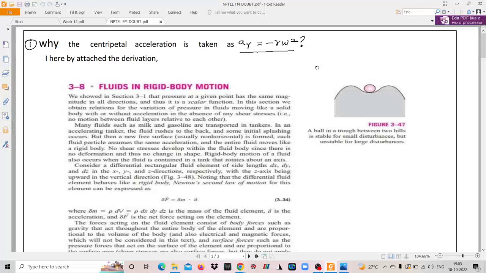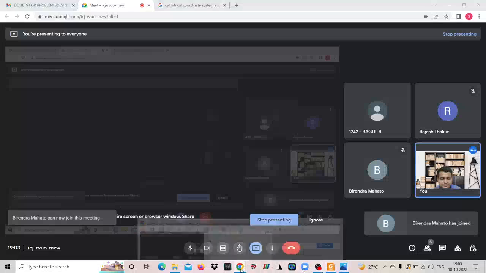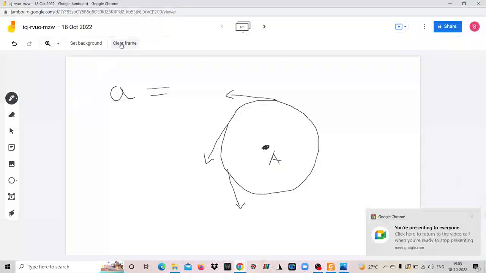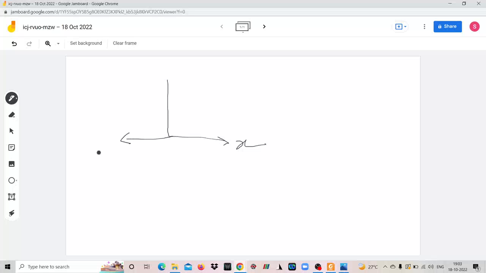Consider the case of our Cartesian coordinate system. What is the procedure? We consider this as positive x, this as negative x, this as positive y, this as negative y, right?